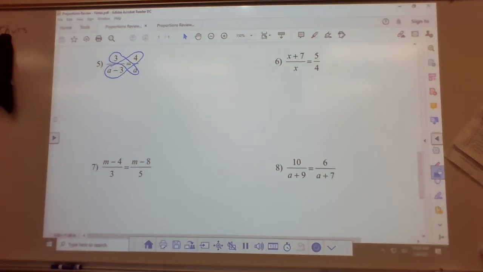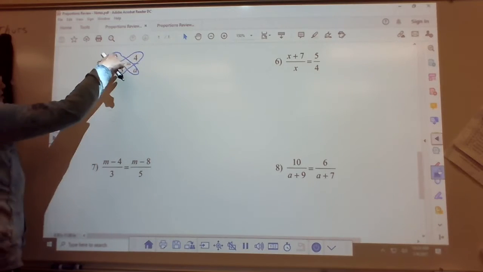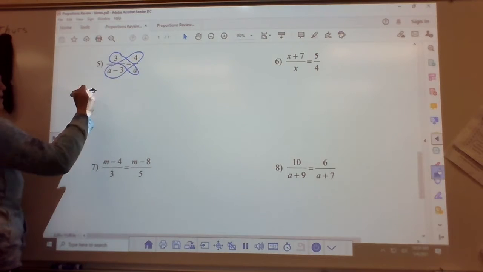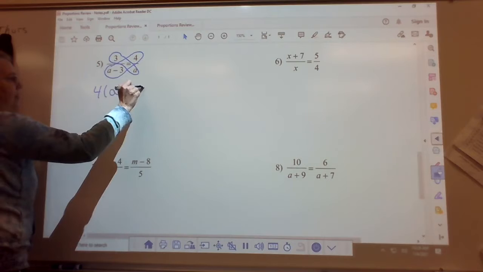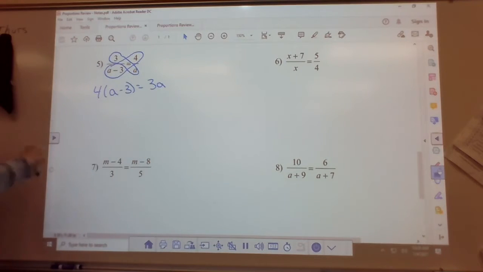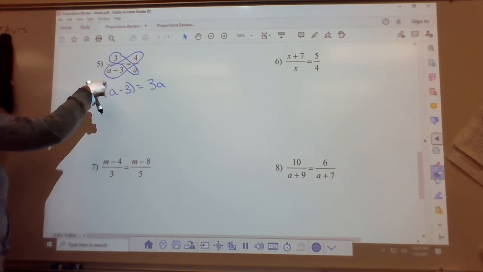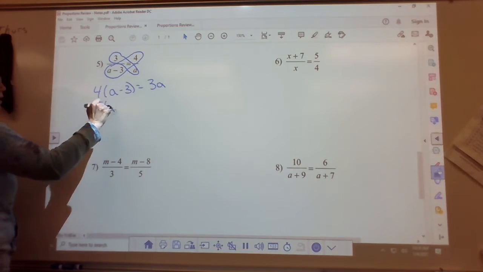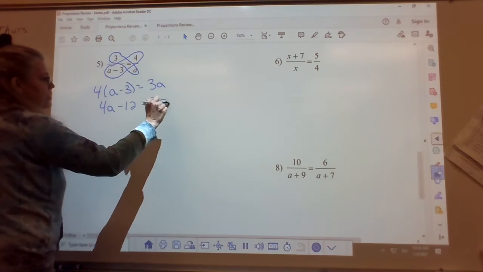It doesn't matter which direction you start with. So I'm going to start this way, but you can start this way, it doesn't matter. 4 times a minus 3 equals 3a. Distribute that 4. You've got to remember to distribute. So 4a, 4 times negative 3 is negative 12, equals 3a.